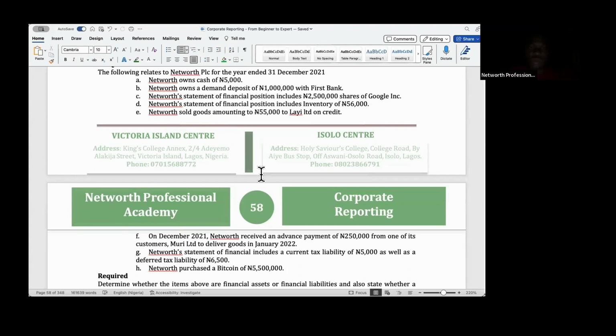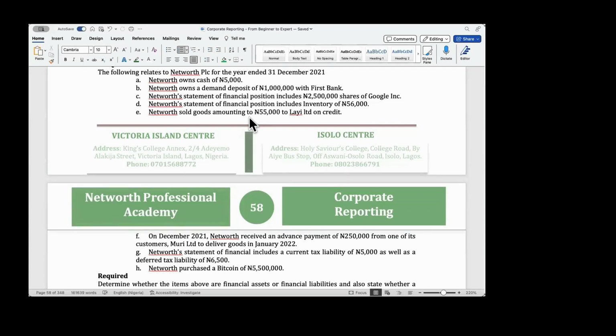Okay, let's move to the next one, and that will go to Jolade. This one says that Net Worth owns a demand deposit of 1 million with First Bank. What I need you to tell me is, does Net Worth have a financial asset or a financial liability? First, you need to tell me that.